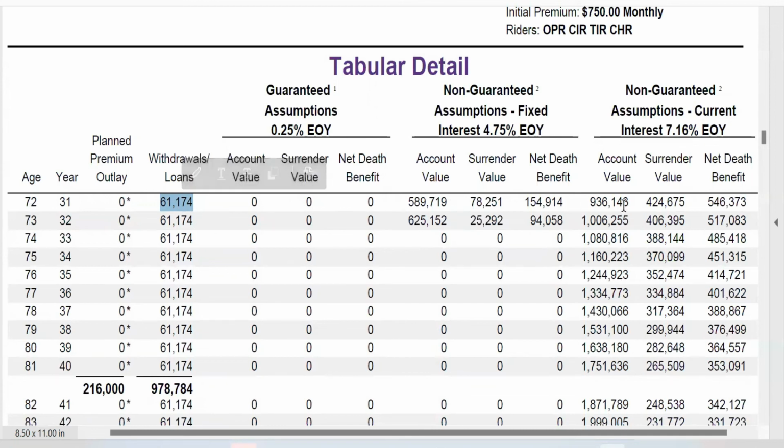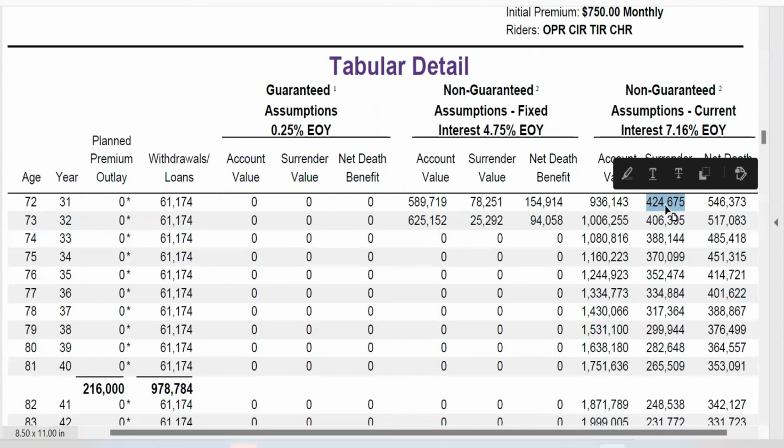Remember, you have an account value of 900 and something, and you have surrender value, which sometimes we call loan value, of 424. So you can borrow from that every year. And paying it back is not mandatory because you're just borrowing your own money. So that helps you legally avoid taxes.